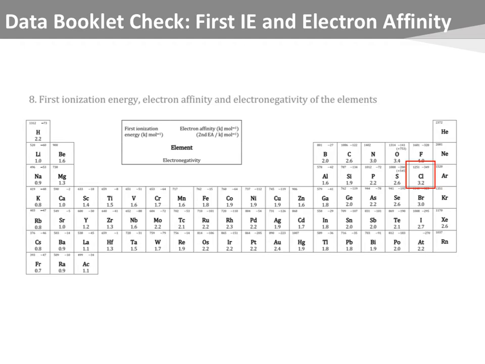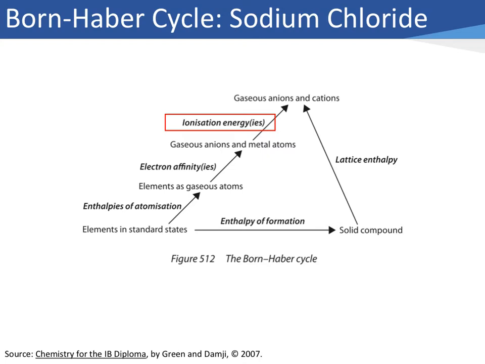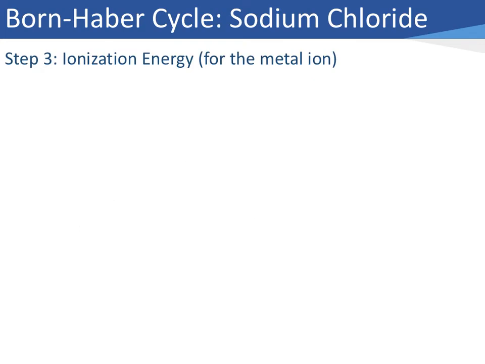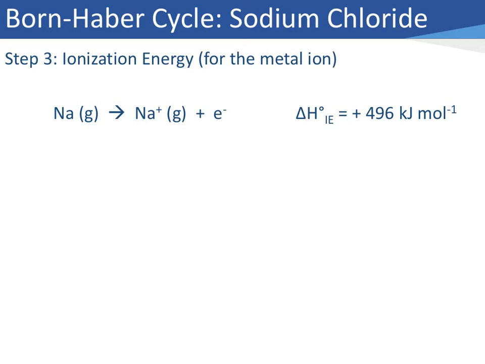Back to the Born-Haber cycle. Next, I'm going to work with ionization energies. I'm going to take metal atoms to form cations. So this is the ionization energy for the metal ion. In the case of sodium, if I'm going to think about sodium chloride, sodium as a gas, it is already a gas because it has already gone through the delta H of atomization.